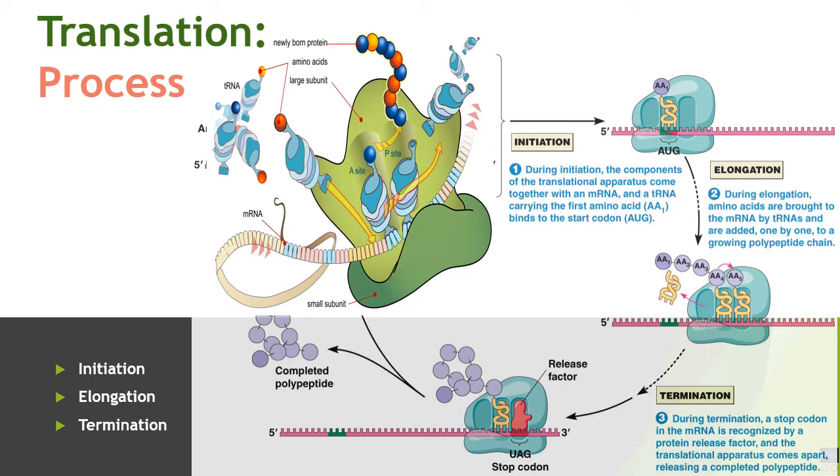The initiation phase is where the translation starts. In this phase, the components of the translational machinery, particularly the ribosomes, mRNA, and the tRNA, together with the amino acid, come together to form an initiation complex.